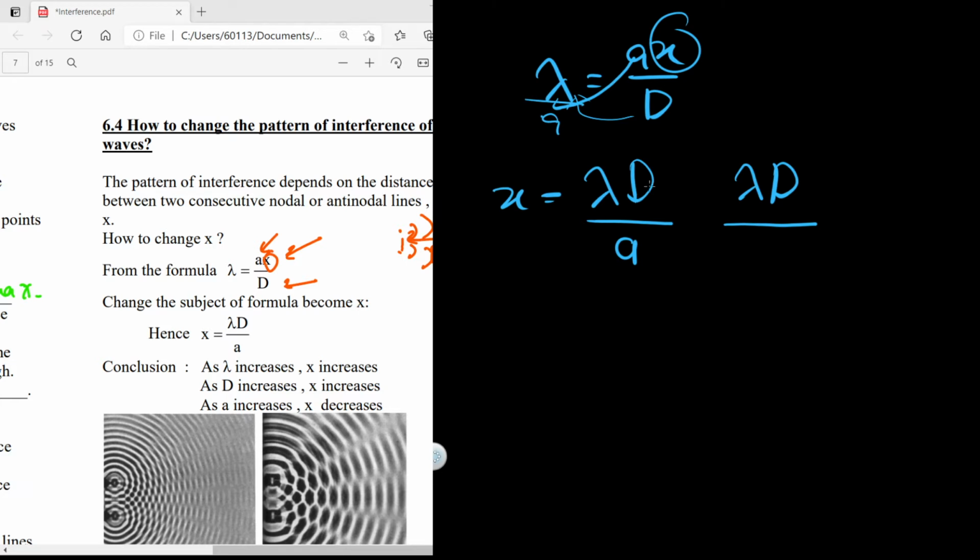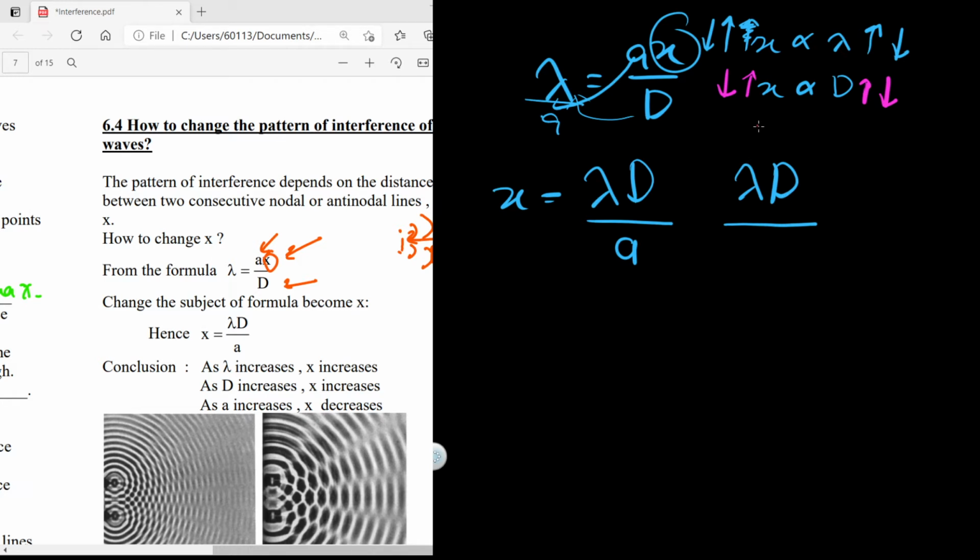So X is directly proportional to lambda, which means if lambda increases, X will increase, or if lambda decreases, X will decrease too. That is what is meant by directly proportional. What about D? X and D are also directly proportional. So when D increases, X also increases. If D decreases, what will happen to X? X will decrease too.